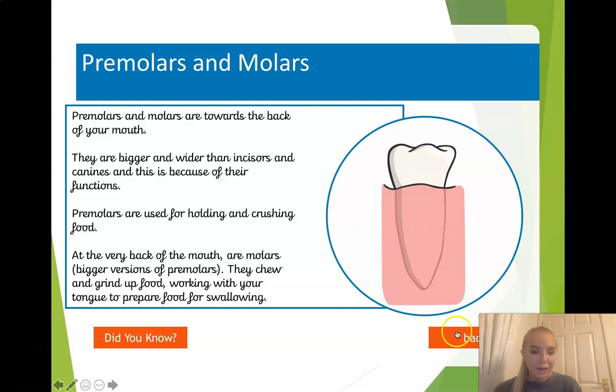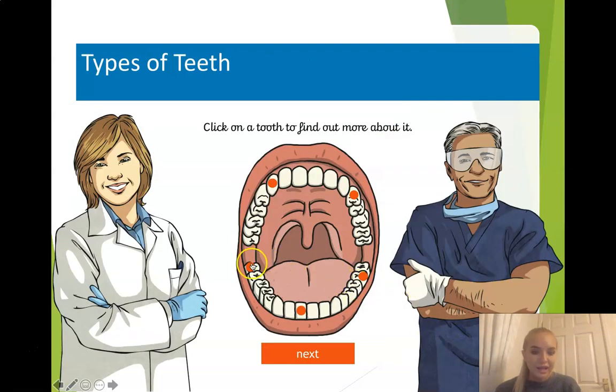If I go back to our diagram, we can see that right at the back of our mouth, we have a final type of teeth, called our molars. We have 3 molars on each side of our mouth: 3 right at the back at the top, 3 at the back at the bottom, on each side.